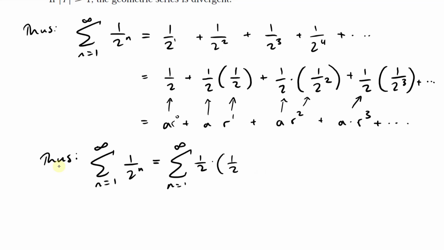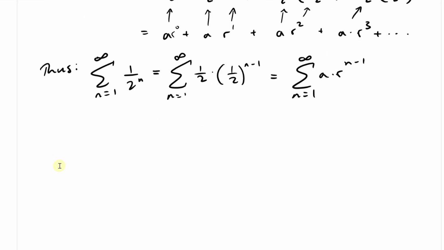That's because we'll have n minus 1. So if n is 2, we'll have 1. So in other words, this is going to be to the power of n minus 1. So this just equals the summation from n equals 1 to infinity of a times r to the n minus 1. So we have a geometric series.